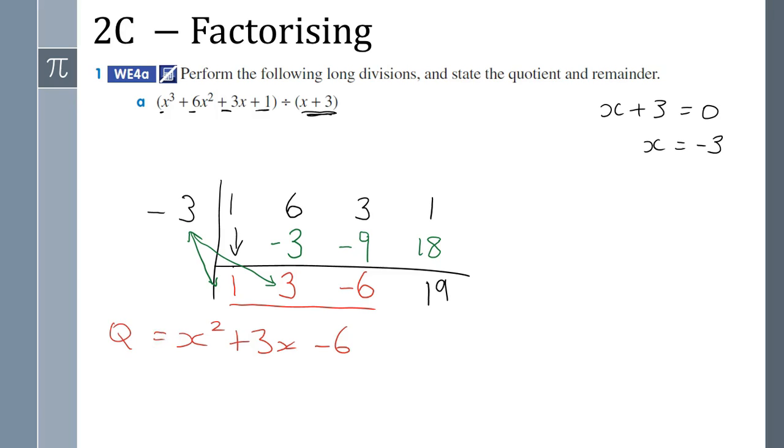It's also given us the remainder. And our original factor, which is this one up here, stays the same. So it has given us all of the answers from the other one in a lot less work. But as I said, you will be asked to use long division, so make sure you can do it.